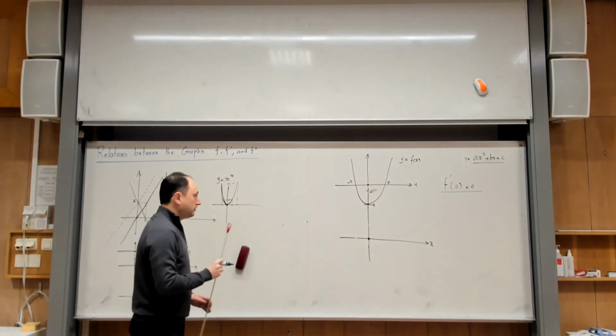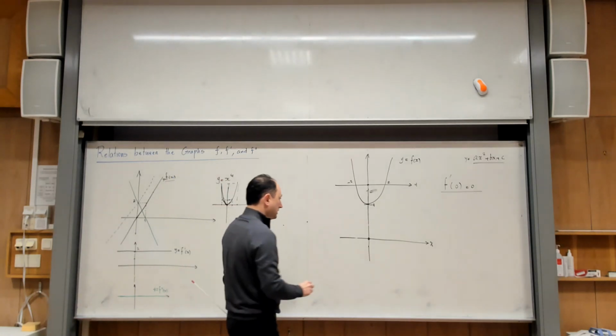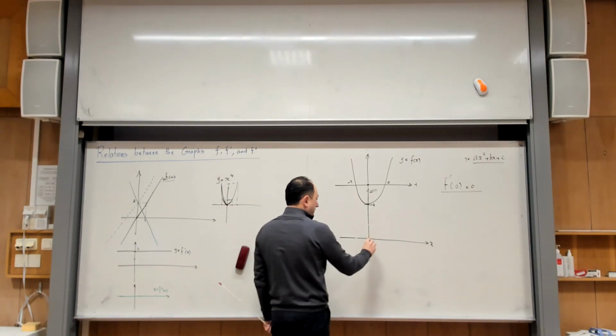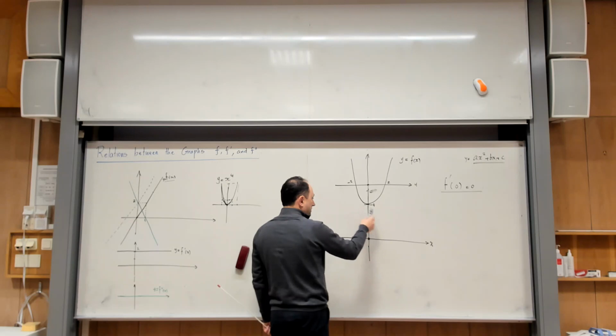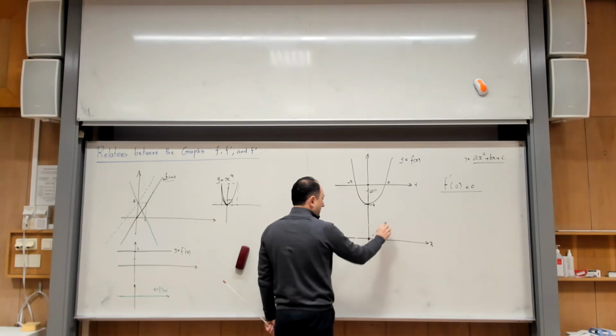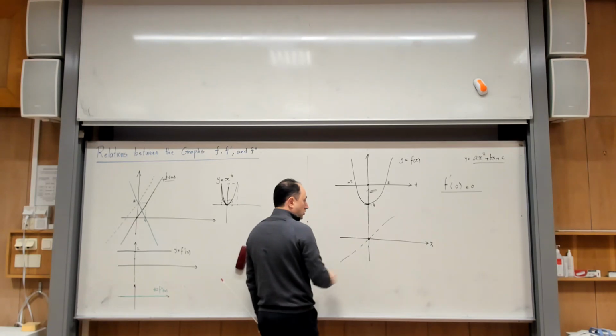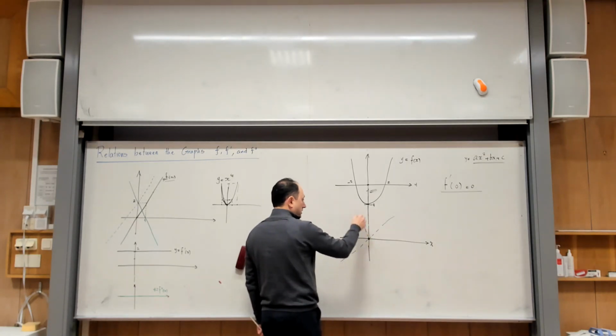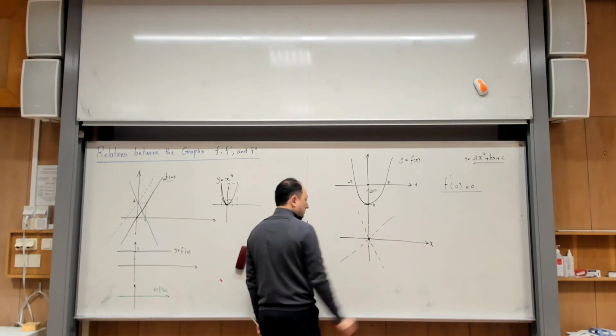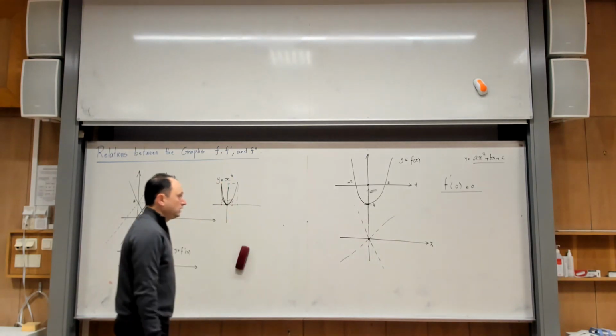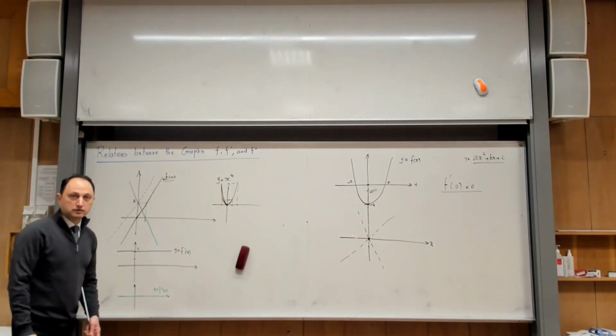Okay, so let me ask you another question. By looking at this graph, if I have a line that passes through the origin, it might be in this direction with positive k value, or it might be in this direction with negative k value. Which one do you think will be suitable for this graph?